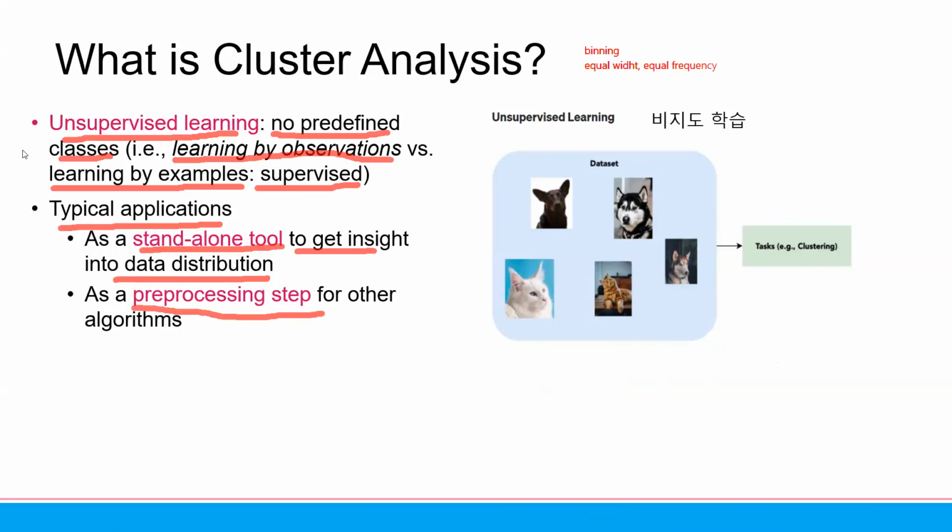So if you still remember when I explained to you about the self-supervised learning, it means I will do the clustering first, and then after I have the clustering result, I will do the classification. Okay, so the clustering is the pre-processing before classification.